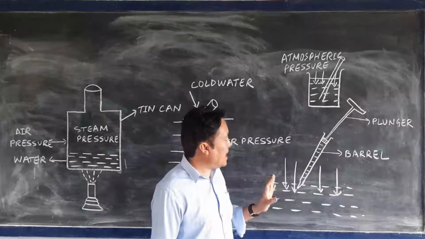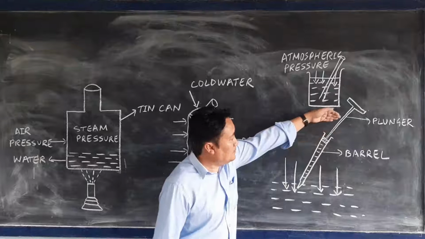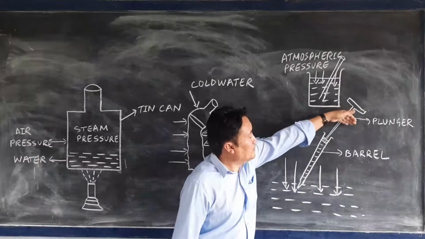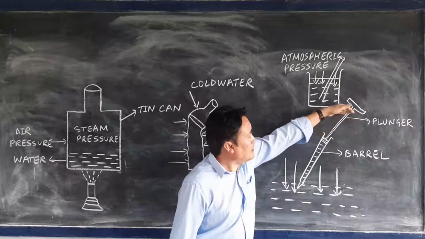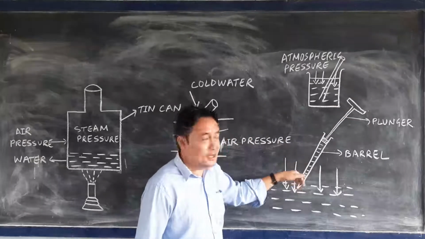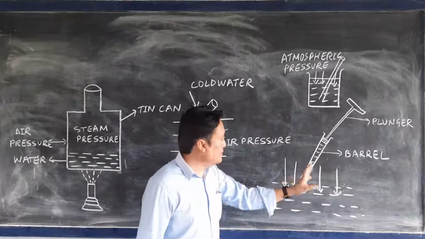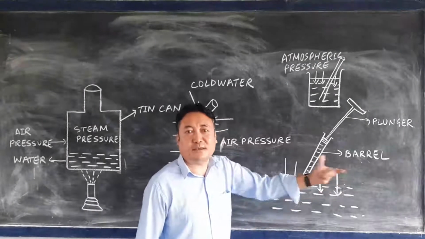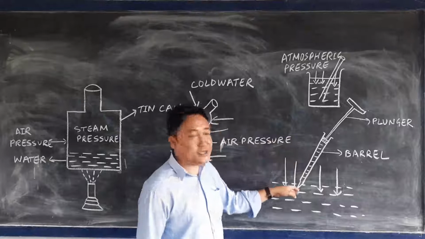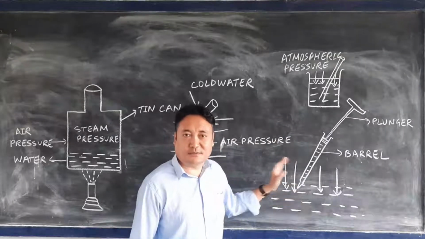So how does it happen? First, when you push the plunger down or inside, the air inside the barrel will be removed. Okay, there will be no air. That means the pressure inside the barrel is very low, but the atmospheric pressure will be exerted on the surface of the liquid.